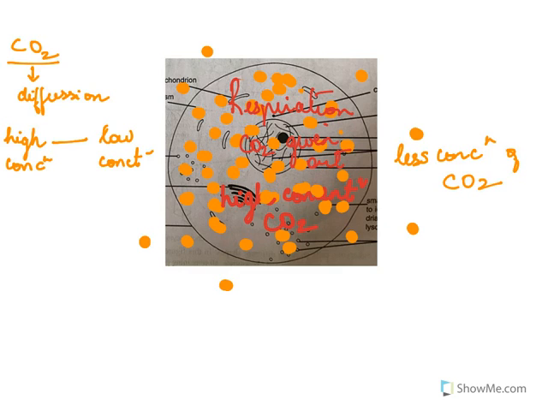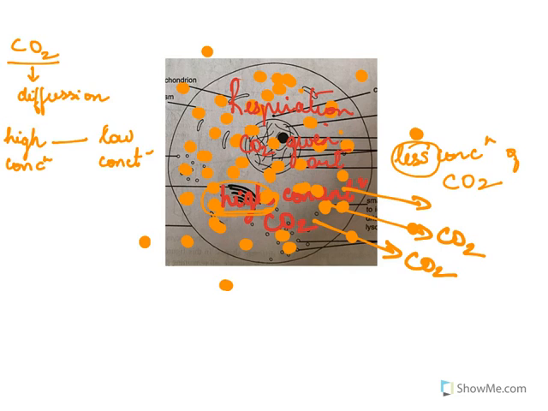So now what do you expect? Inside there is a high concentration and outside there is a low concentration. So the carbon dioxide will go from the high concentration and come out into the lower concentration.